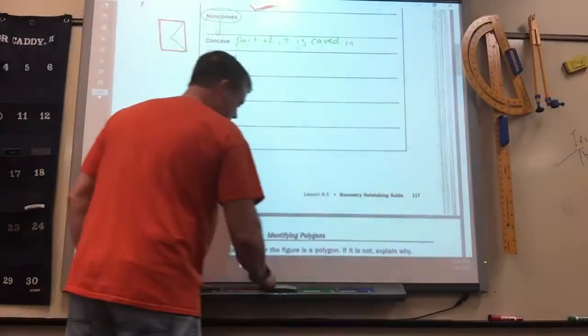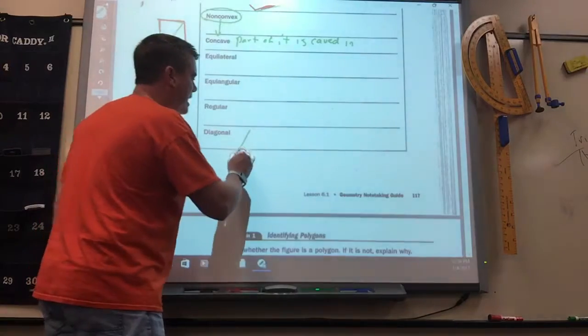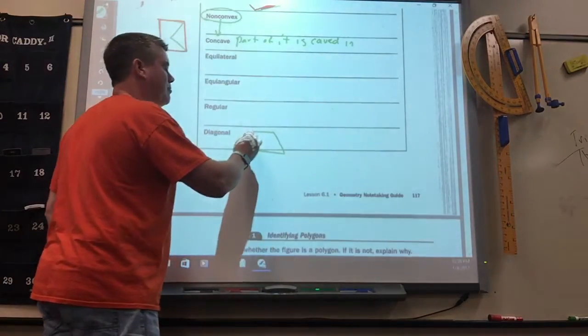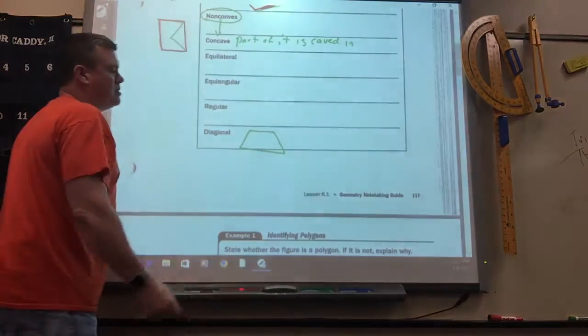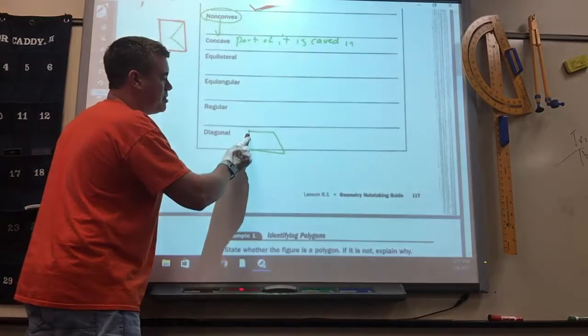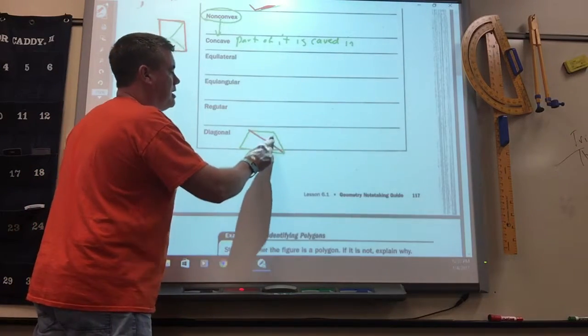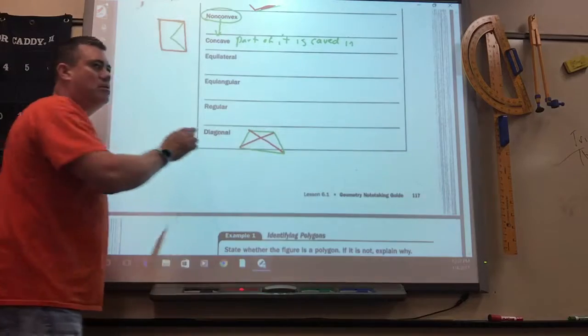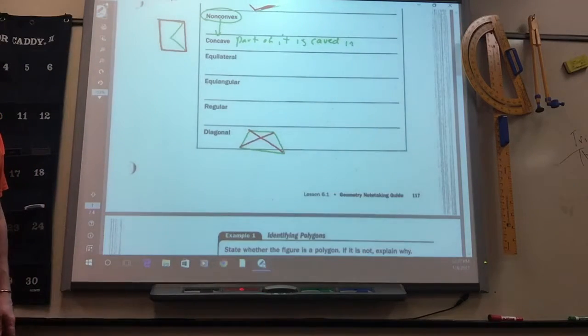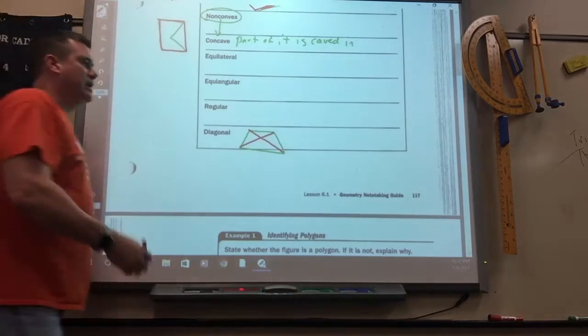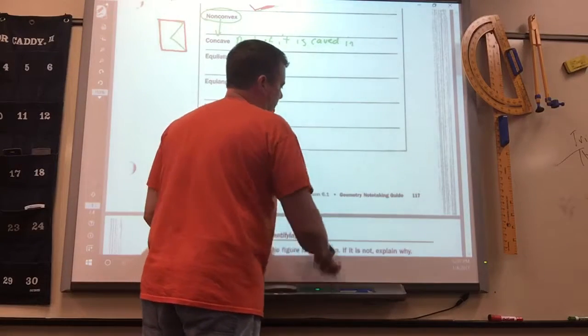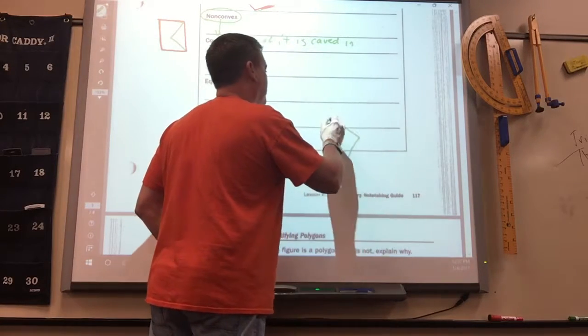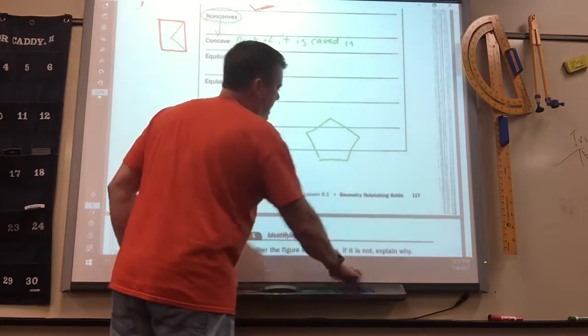A diagonal. If you've got any quadrilateral, if you draw the diagonals, it's just from one vertex to another vertex. So any quadrilateral, can it have more than 2 diagonals? No. If we had a pentagon, which we don't yet, but eventually we will, how many diagonals would that have?